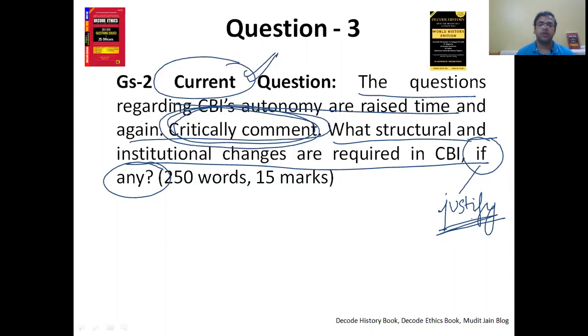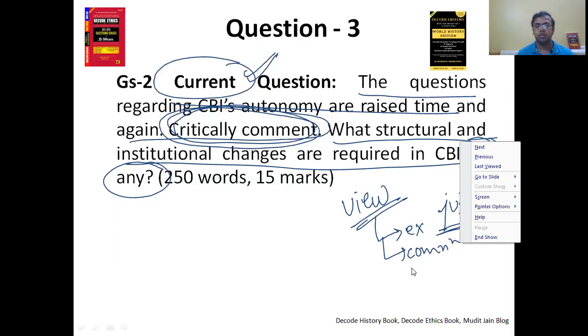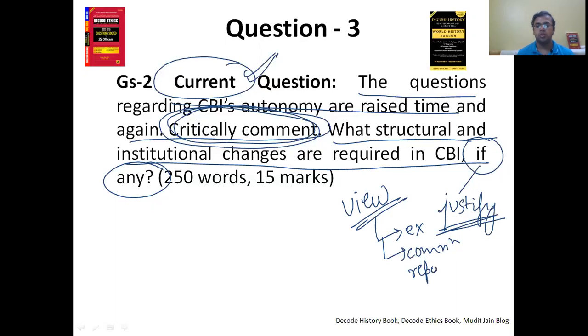You have to justify, because this is a view based question. If you are writing a view, you need to back it with examples, back it with commissions, some report that you might know, or some court case. So again, the usage of keywords would come into play to justify your view.